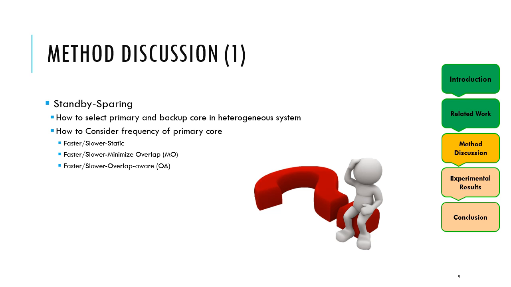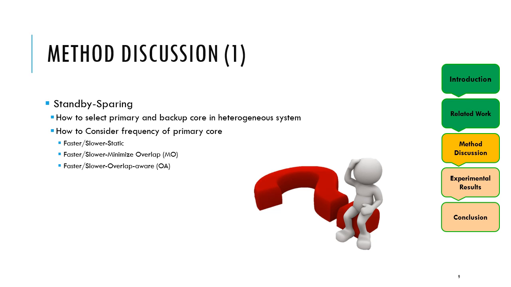We selected two of the most popular methods to evaluate the energy and power consumption of fault-tolerant methods. Rohbani 2017 proposed a method that considers a standby sparing system and addresses the problem of core type selection in heterogeneous system and frequency value of primary and backup cores.